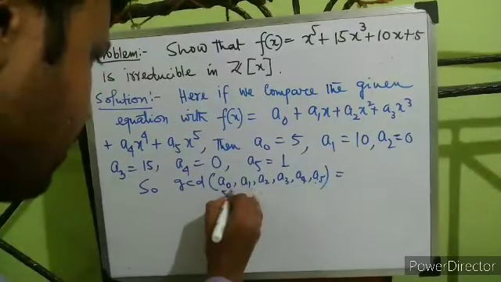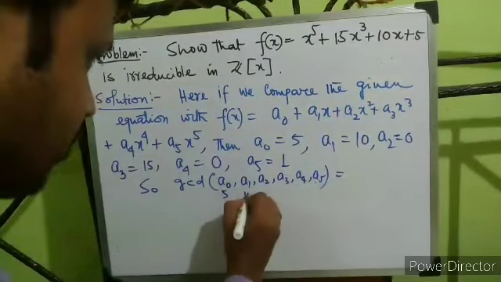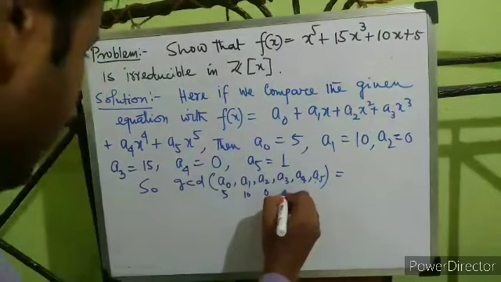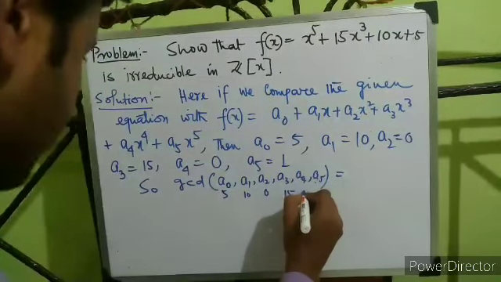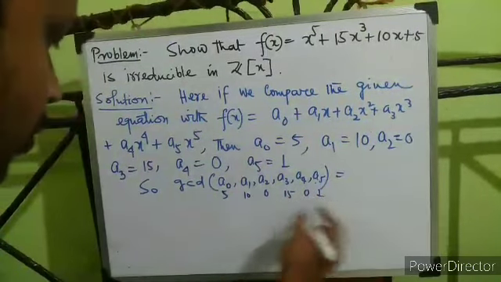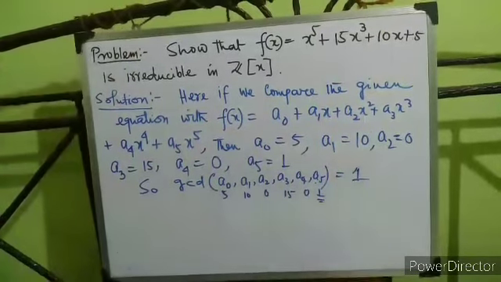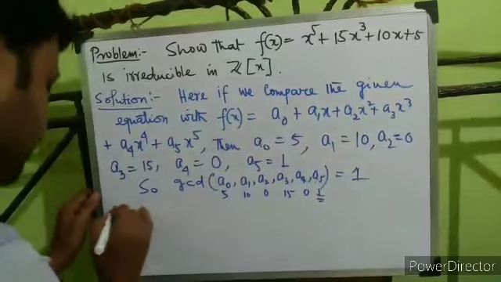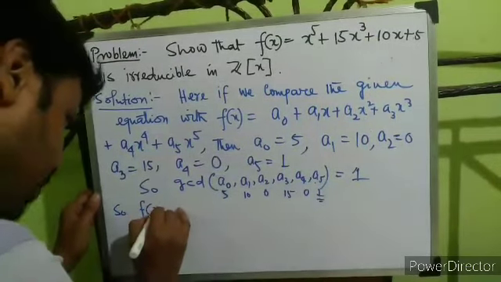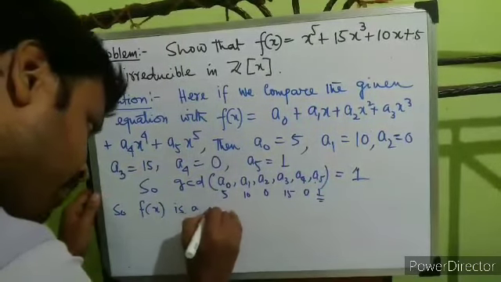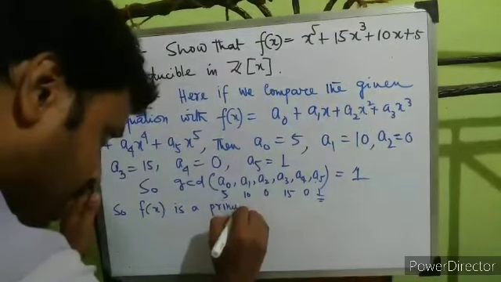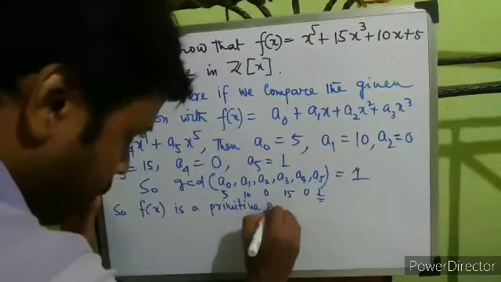Since it's 1, the GCD is 1. So f(x) is a primitive polynomial.